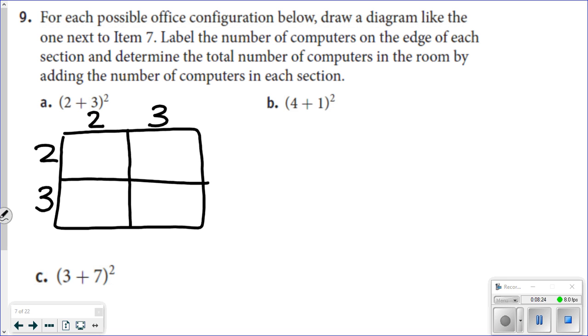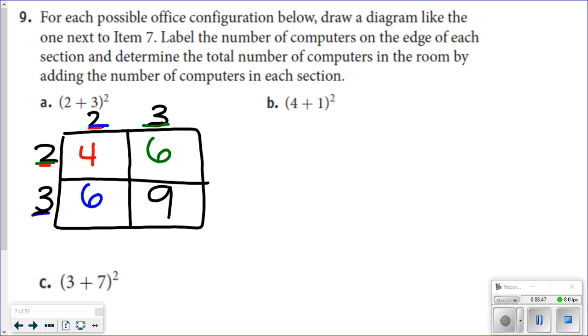So here's how we do this. Edge times edge. 2 times 2 is 4. 2 times 3 is 6. 2 times 3 is 6. And then lastly, we get a 3 times 3, which is 9. Then it says go ahead and add the number of computers up in each section.